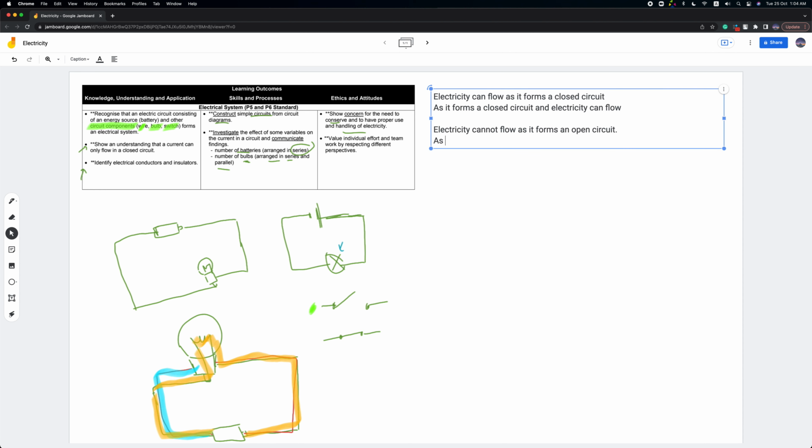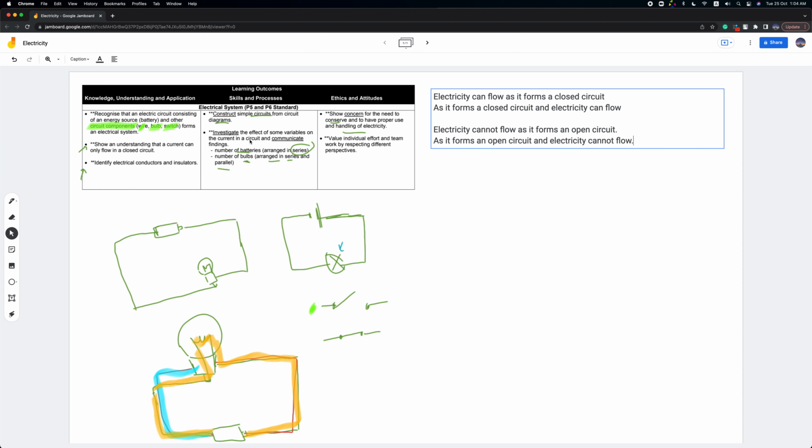So we start with as it forms an open circuit and electricity cannot flow. Either way is fine. So only when it forms a closed circuit, then electricity will flow and the components will function properly.